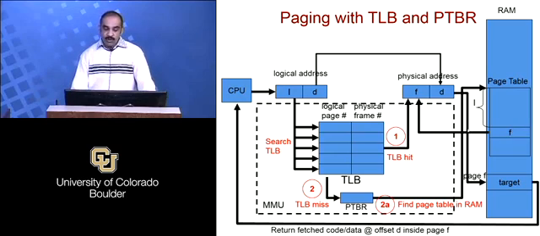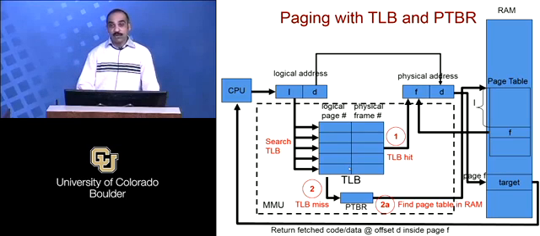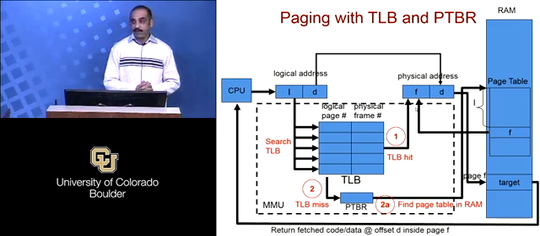It's a good idea to move this page entry into the TLB, so that next time you access it, you will not get a miss. When you have a miss, you have to look into this, then go to memory and get the page frame number. So it's basically an overhead.